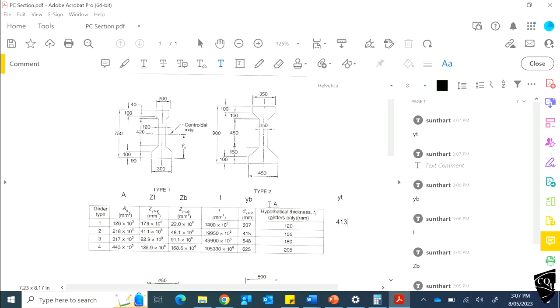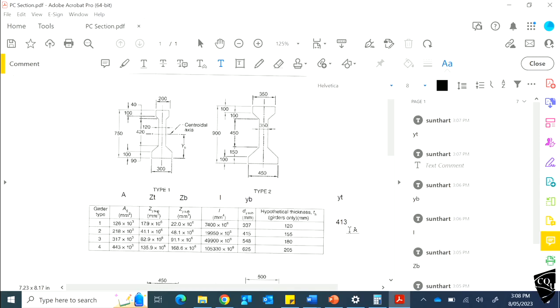YB is given, and the total depth is given. So you can find out what is YT, isn't it? Its addition should be 750. So you should be able to work out. First you need to look at the section and see whether it's suitable or not.